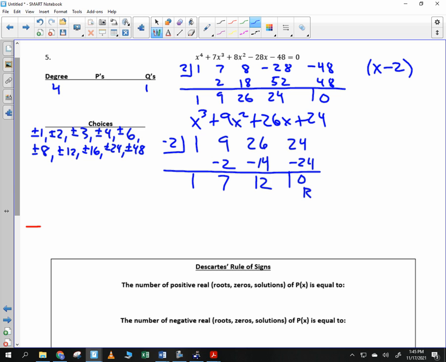So x minus 2 worked. What's the other factor that works? X plus 2. So it turns out I've got a factor of x plus 2 times x minus 2 times x squared plus 7x plus 12. Does x squared plus 7x plus 12 factor to what?